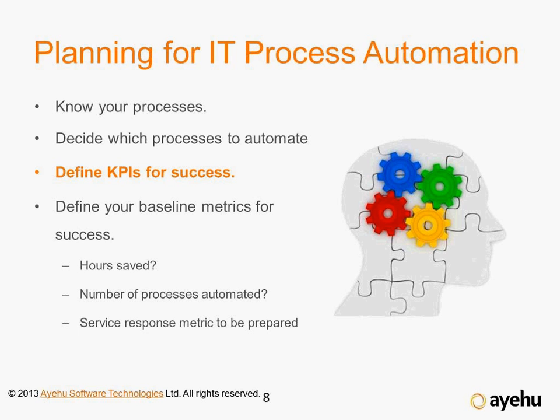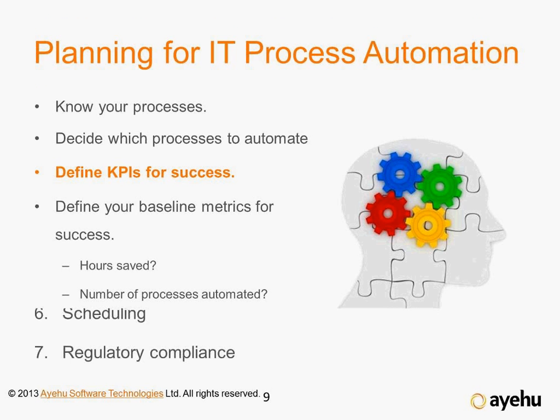You define those first by defining your baseline metrics, to judge the success by how many hours of labor you've saved, or the number of processes that you've automated, or some other metric that every organization has to determine individually. And by the way, on our website we have a tool that helps you calculate some of that, which I'll be getting into in a little bit.